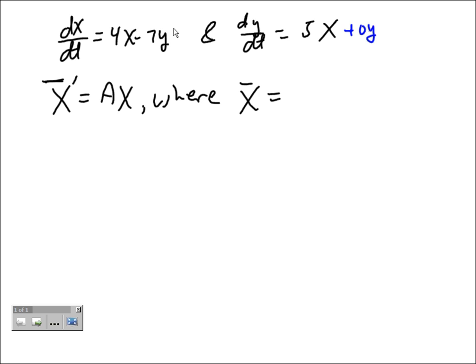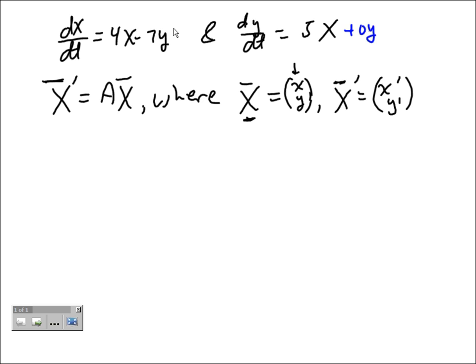Vector x prime is equal to matrix A times vector x bar. X bar is just little x, y. It has nothing to do with that x. The other matrix is x prime, y prime, which is called x bar prime.